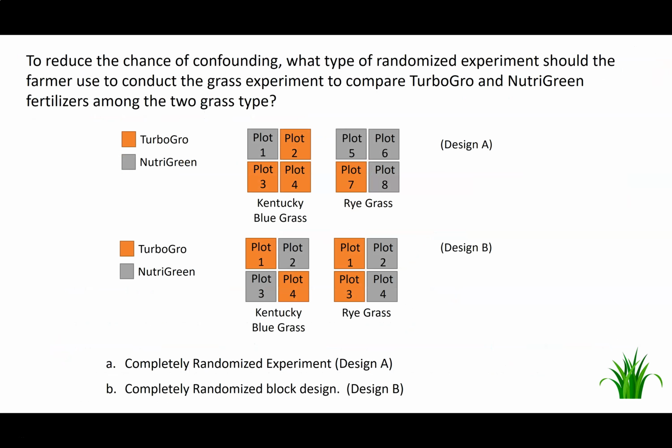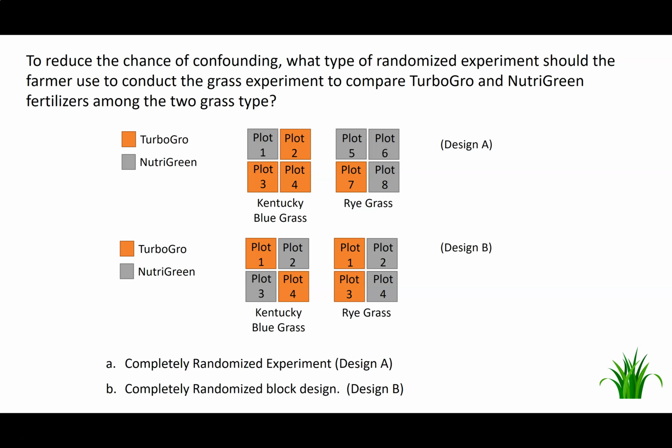So to continue on this one, to reduce the chance of confounding, what type of randomized experiment should we use? There are 2 designs here. The idea is we're really interested in the effect of the fertilizer. However, we want to be careful and make sure that we control for the type of grass.